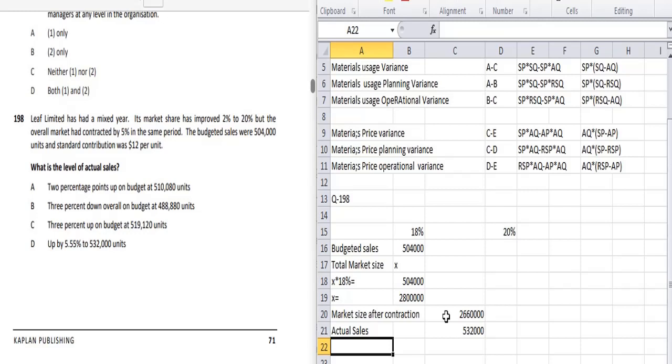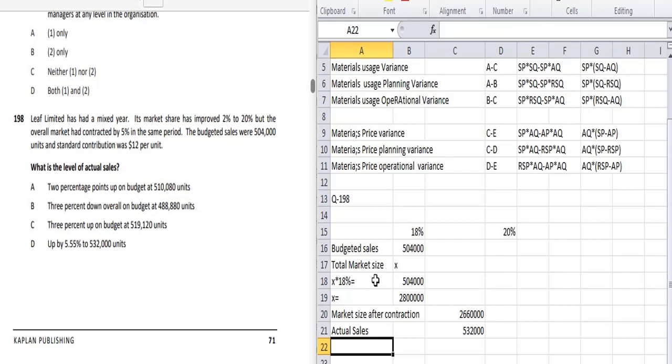So again, the question says the market share has improved to 20%, by 2%. Earlier it was 18%, now it is 20%. The budgeted sales value has been given. This budgeted sales is 18% of the total market size, and we don't know the total market size, so I suppose x.